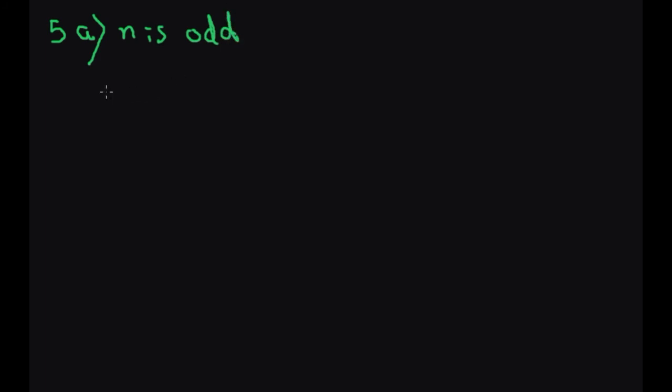If n is odd, odd means 1, 3, 5, anything. So first we will write the property here: nth root of a to the power n is equal to a.